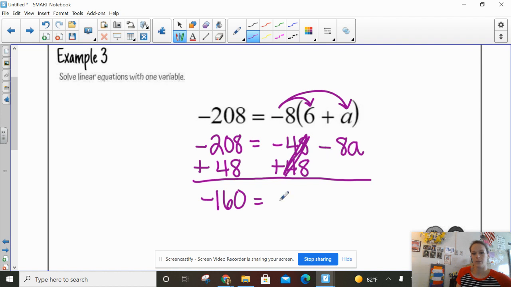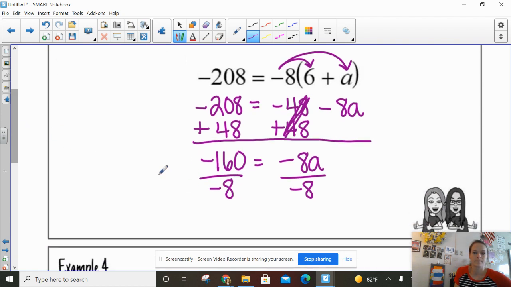So don't forget to bring down your signs. All right, and now I want the a by itself. So I'm going to divide by negative 8. Okay, those will cancel. And negative 160 divided by negative 8 will be a positive 20.